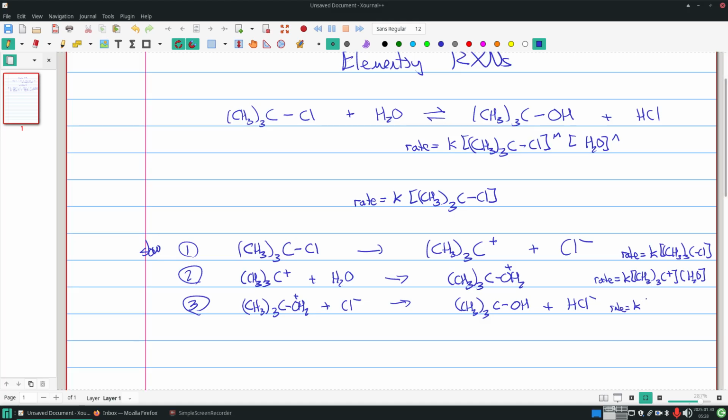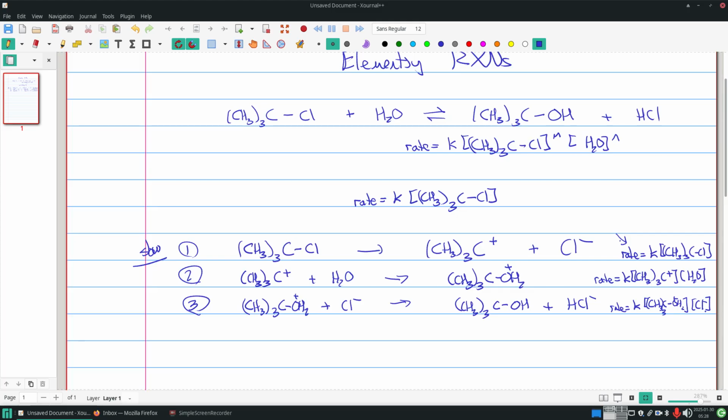But the coefficients will always match the powers here. So since every single one of these is implied to have a 1 in front of it, these are all first order with respect to their species. But the only one that's really important to the overall reaction is that slow step, so only that rate law is able to be seen. The rest are happening so fast that we have no ability to control anything on them.